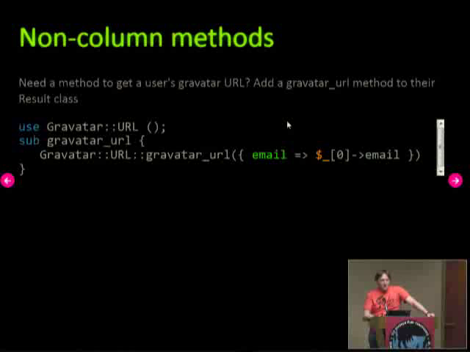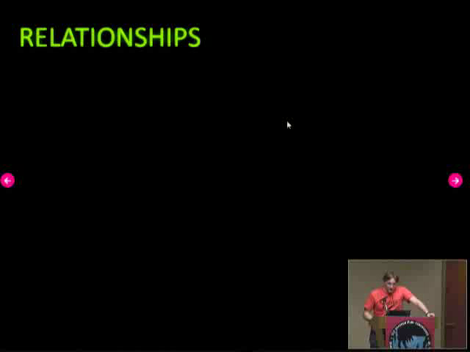So here, we have a user and we want to give them a gravatar URL method. Now we can just do, I don't have an example, user->gravatar_url, get their gravatar. So that way you're putting that logic inside of the object and it's all nice and abstracted away.